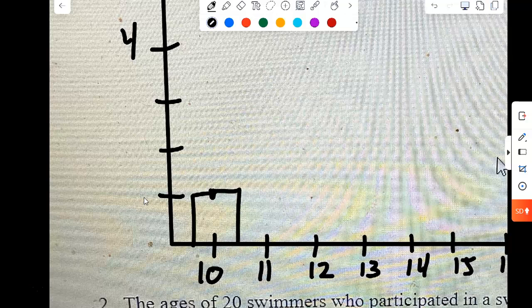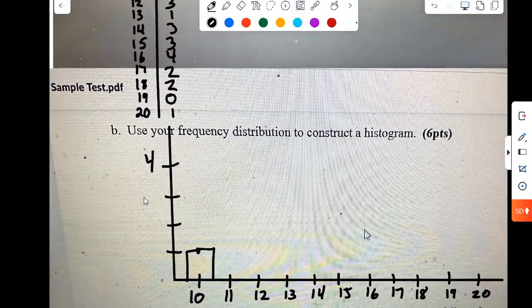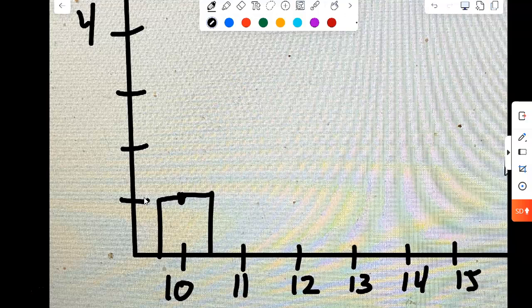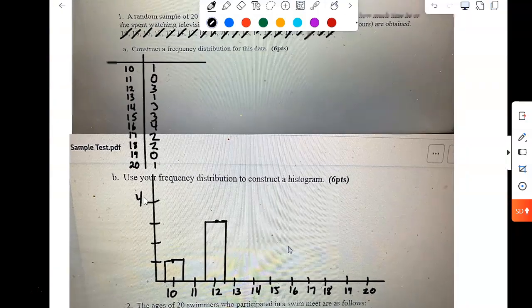Now 11 had a frequency of 0, so we're just going to go across the side here. 12 had a frequency of 3. So we come up above 12 to a height of 3. And we would again make our bar coming over, stopping halfway between 12 and 13.